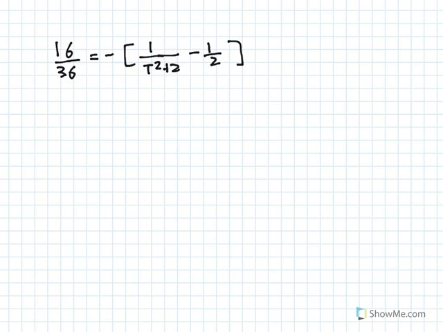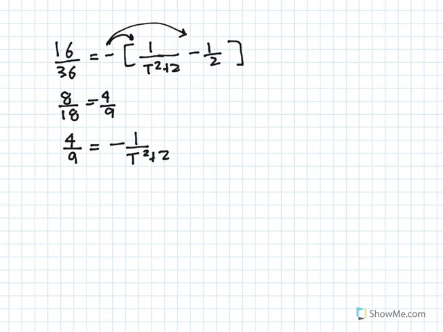Now 16 divided by 2, that's 8. 36 divided by 2, that's 18. 8 divided by 2, that's another 4 over 9. So simplifying this, we get 4 over 9 is equal to minus 1 over t squared plus 2, plus 1/2, since minus times minus is plus. So we have 4 over 9 minus 1 over 2 is equal to negative 1 divided by t squared plus 2.